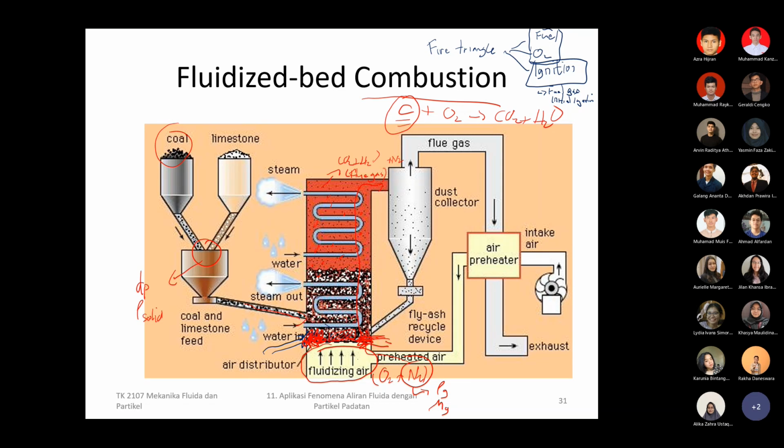When the temperature is hot, that also acts as another ignition source for the combustion process. So the coal is already flying around, and the fluidizing air is coming from the bottom. Then it's ignited by the fire, it consumes the coal, and it produces the reaction.